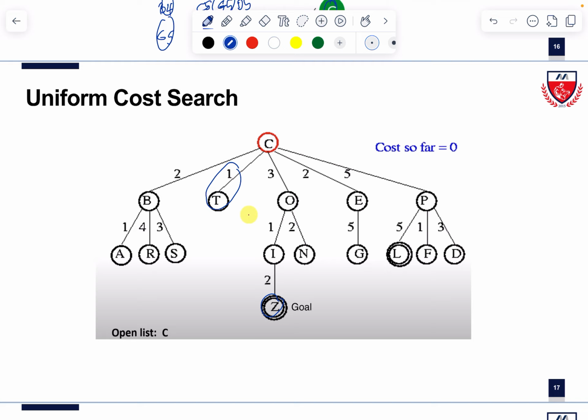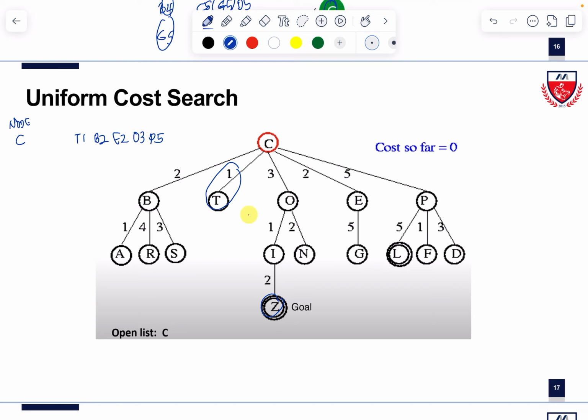First, we visit, of course, the parent node, which is C. That is the initial state, heading toward the goal Z. So at node C, step by step, we write the shortest one first, that is T, then B. If they are the same, like B and E with the same number, you take the leftmost first. So B2, then E2, then O3, then P5.